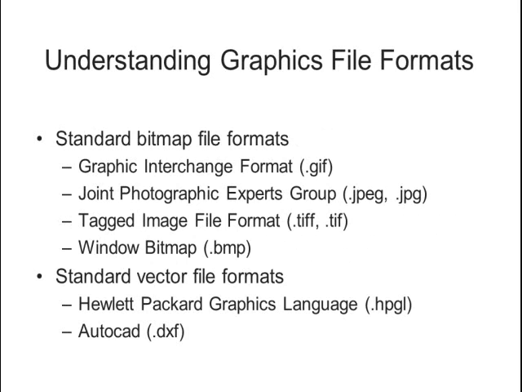Different graphics file formats are listed here. Graphic interchange format, or what we call GIF files. The Joint Photographic Experts Group, JPEG, files and their extensions are JPEG and JPG. Tagged image file format, TIFF. Windows bitmap files. Some of the standard vector file formats include Hewlett-Packard Graphics Language, HPGL, and AutoCAD, DXF.